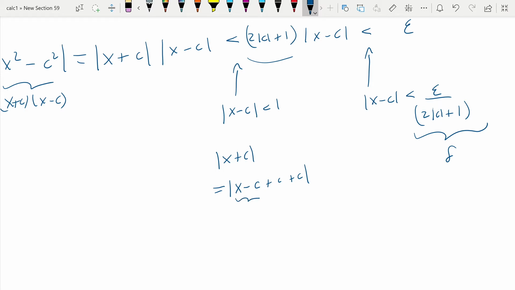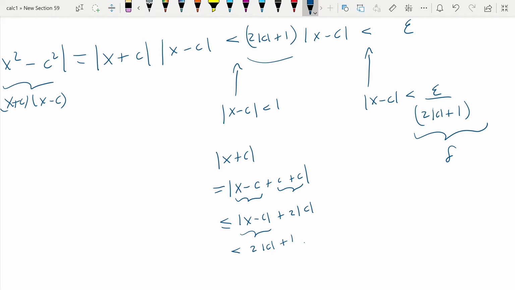Right, so we use the triangle inequality here, and this is less than or equal to the absolute value of x minus c plus 2 times the absolute value of c. This is less than 1. This whole thing is strictly smaller than 2 times the absolute value of c plus 1.